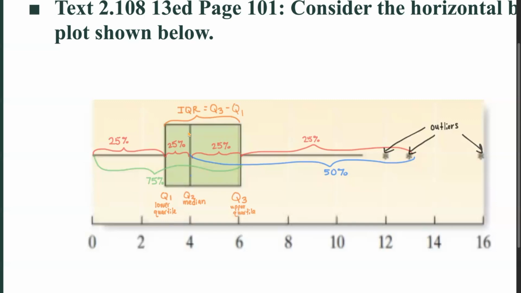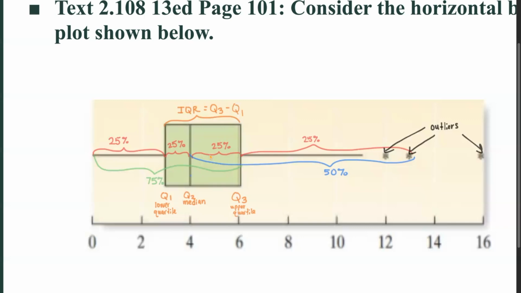Is the data set skewed to the left, skewed to the right, or symmetric? So here, from 0 to the first quartile, 25% of the data is contained in that interval. And then we have another 25% of the data contained between the lower quartile and the median.